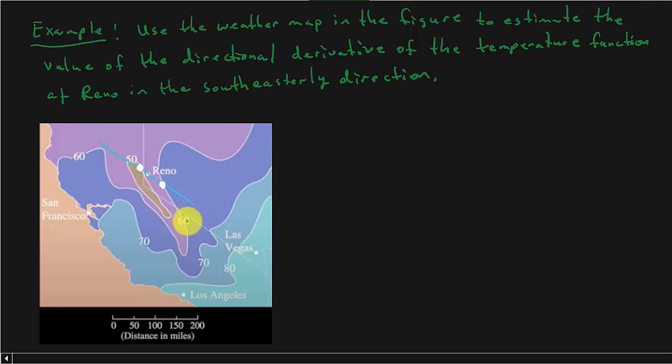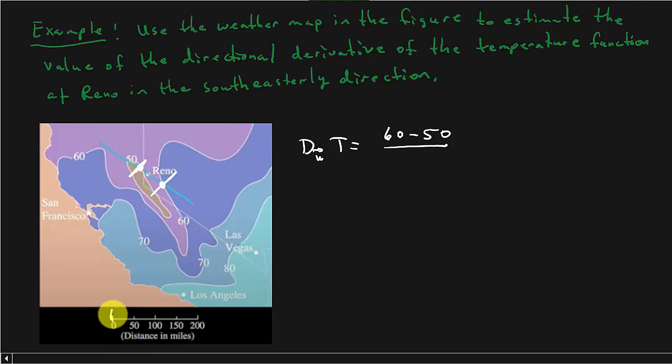It's the rate of change, so it's going to be the 60 minus the 50 over the distance between them, the distance from here to here. You're going to kind of estimate it.